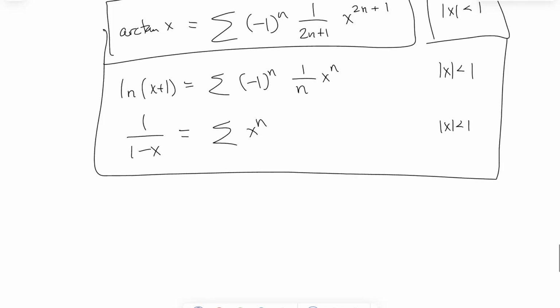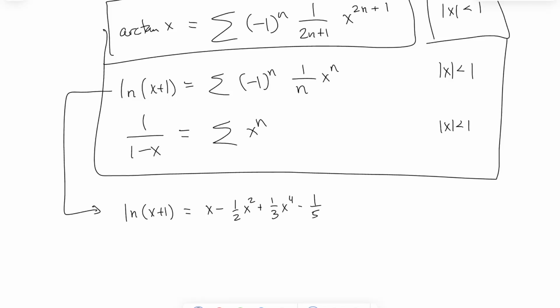But check this out. To me, this is profoundly weird. If I write out the terms of the natural log one, it looks like x minus 1/2 x squared plus 1/3 x cubed minus 1/4 x to the 4, etc. What if I write out the terms of the arctan?